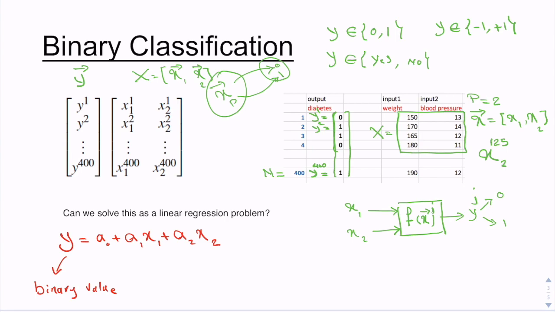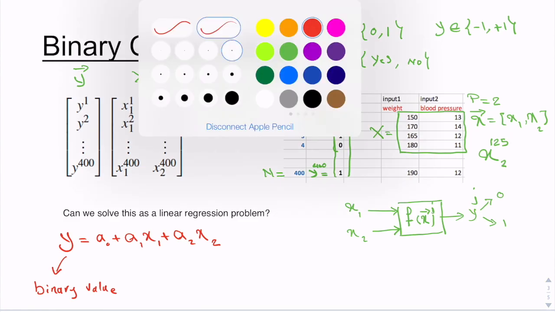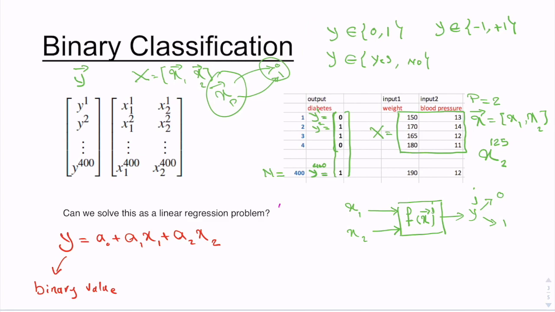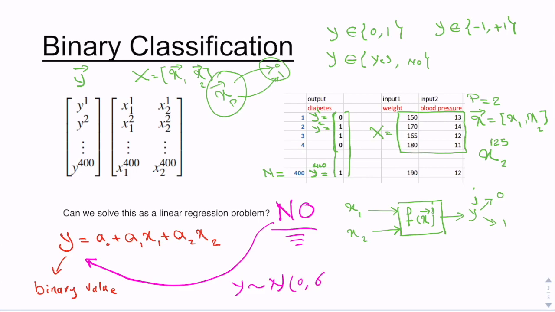So can we solve this problem using linear regression? The answer is a big no. What is the reason? The reason is y is a binary value, but we expect y to follow a normal distribution with zero mean and variance sigma.